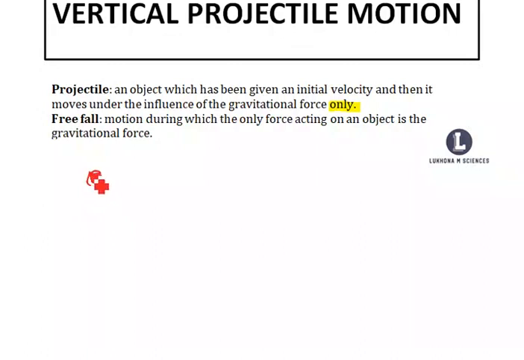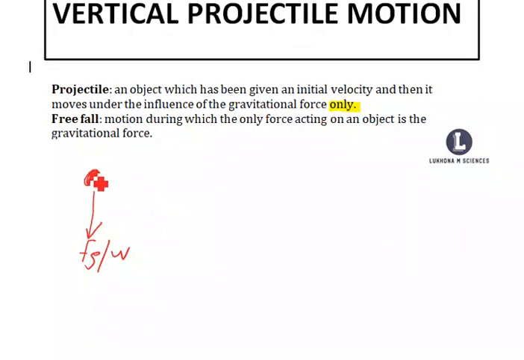Then they say this object is given an initial velocity and it moves under the influence of gravity only, which means we will have only the gravity. Let me try to draw a vertical line. So you will have the gravity, that is the weight or gravitational force, on your free body diagram, because it says it moves under the influence of gravity only.